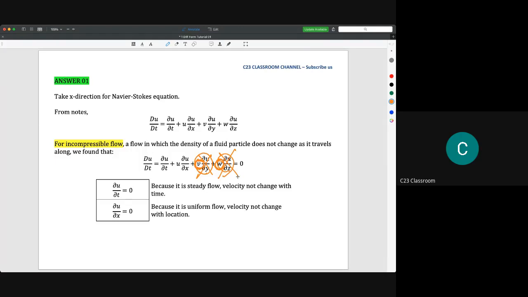Okay, that's the way we make assumptions to simplify our condition. Then we could simplify our Navier-Stokes equation, then we could solve the problems. So this assumption is actually for incompressible flow. And then you will have du dt, the steady flow, and also the uniform flow.